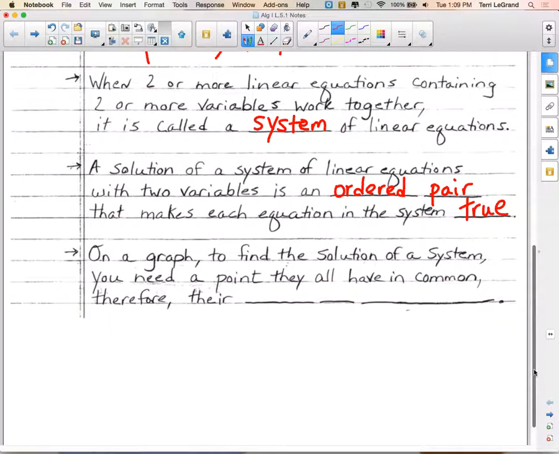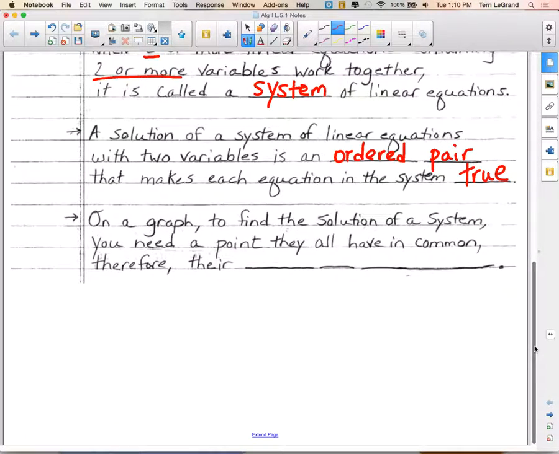So note up here, I said when there's two or more linear equations, typically we will just work with two. Sometimes there can be 3 or however many. And then 2 or more variables. Good news is this year in Algebra 1 we only have to work with 2 variables because we want to be able to do it on the coordinate plane. So on a graph, to find the solution of a system, you need a point they all have in common.